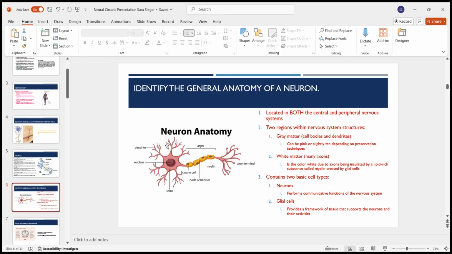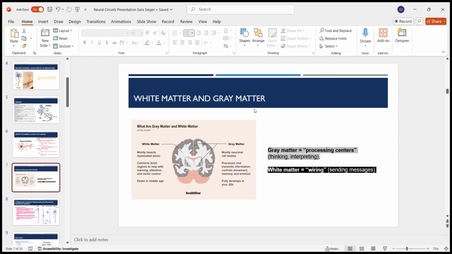Extending from the cell body are dendrites, right here, and those branch out like tree limbs in order to receive incoming signals from other neurons. This entire arrangement allows a neuron to collect and integrate vast amounts of information from its surroundings. So it's input-output.